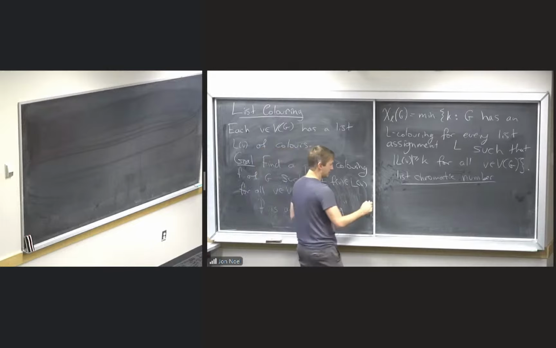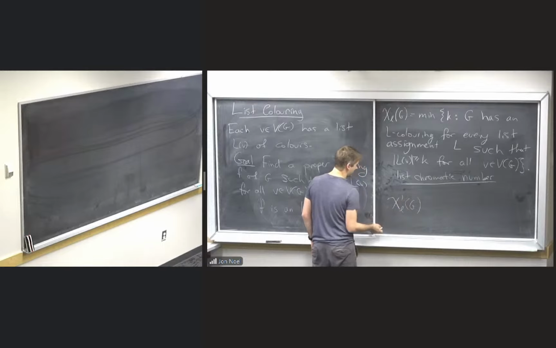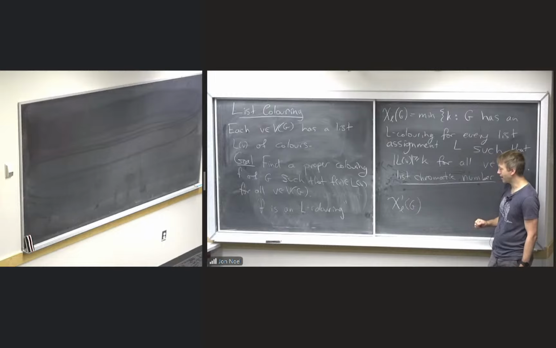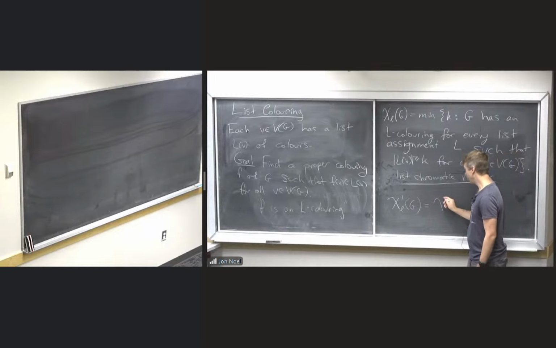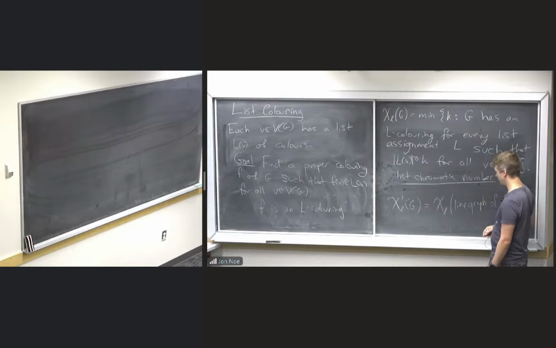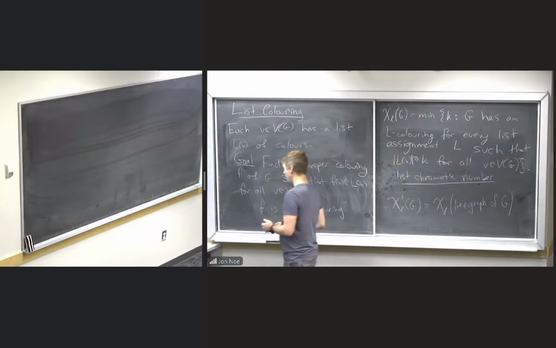To explain this in a faster way, the list chromatic index, chi_L'(G), is just the list chromatic number of the line graph of G. So instead you assign lists to the edges.